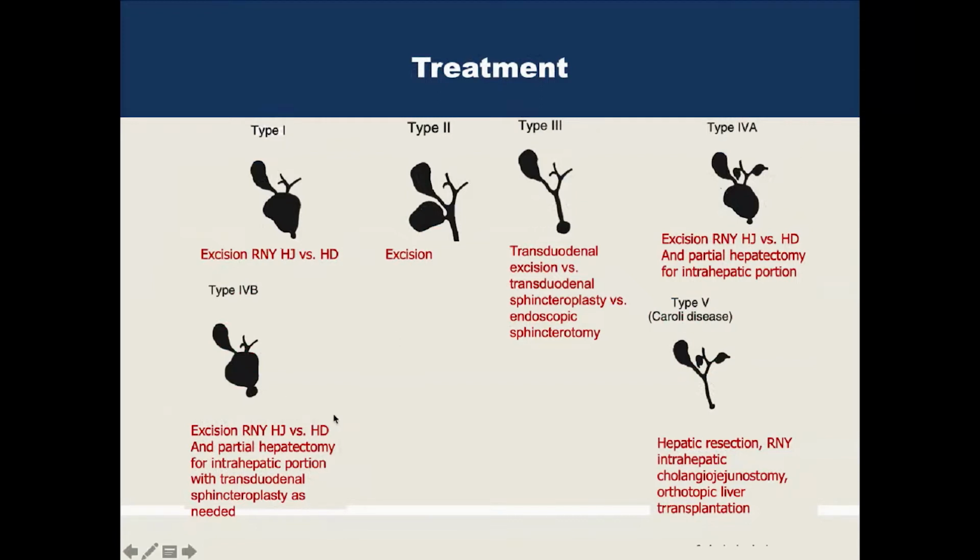Type 4B, again, pretty similar: excision with Roux-en-Y reconstruction and partial hepatectomy for the intrahepatic portion, with transduodenal sphincteroplasty as needed. And finally, for patients who have Caroli's disease, very often or almost always they'll need hepatic resection, Roux-en-Y to an intrahepatic duct, or orthotopic liver transplantation.